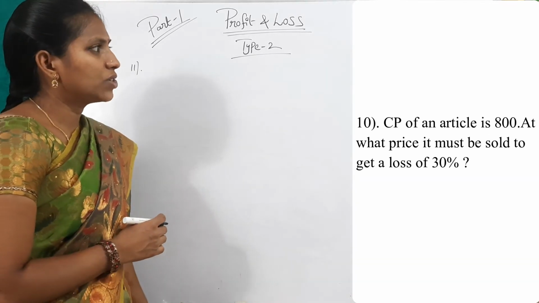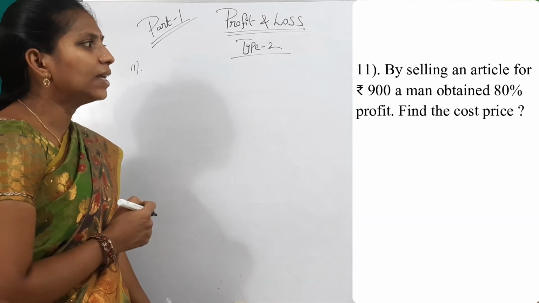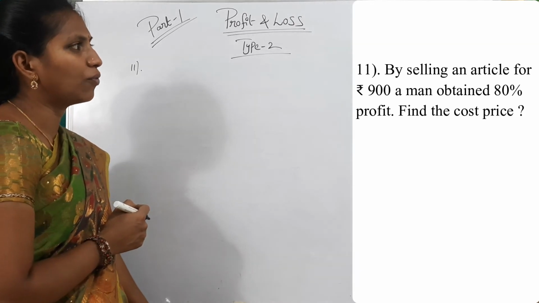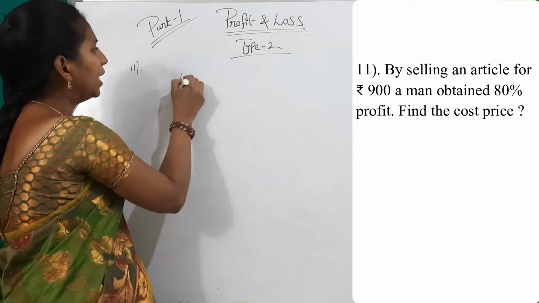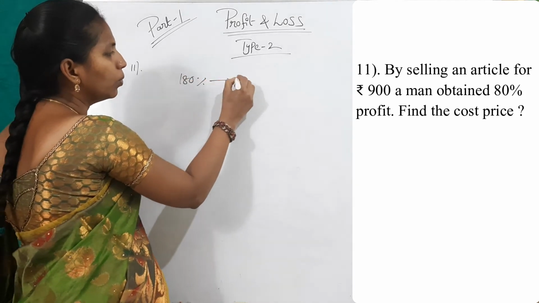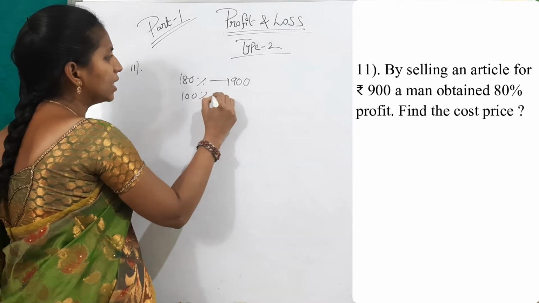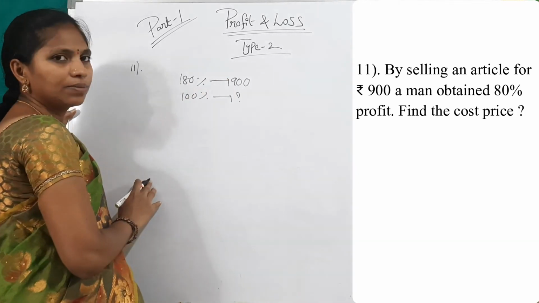Now see 11th question. By selling an article for 900 rupees, a man obtained 80% profit. So here 180% equals 900 rupees. Then find out the cost price. 100% is equal to how much?